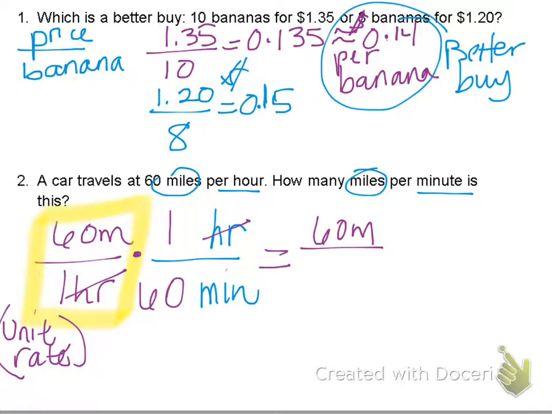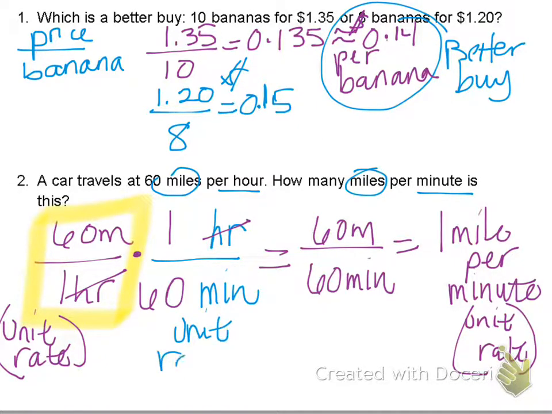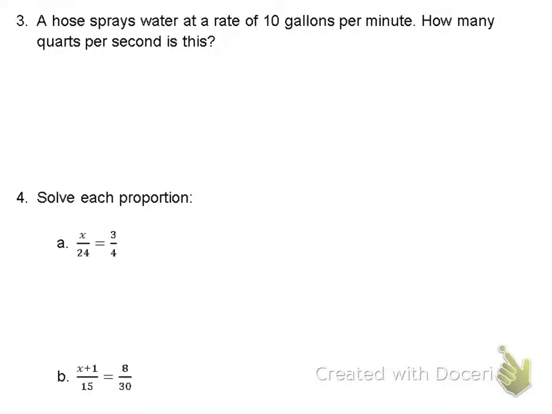And 1 times 60 on the bottom, which is 60 minutes, which is equal to 1 mile per 1 minute. So 1 mile per minute. So we have another unit rate here. And in here we used a unit ratio. Those are important vocabulary words to remember.